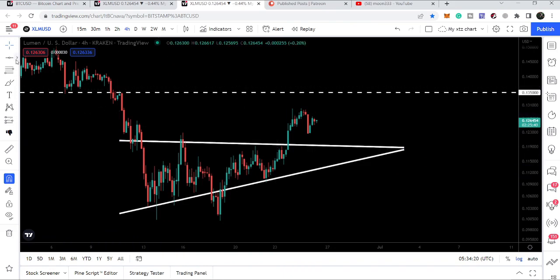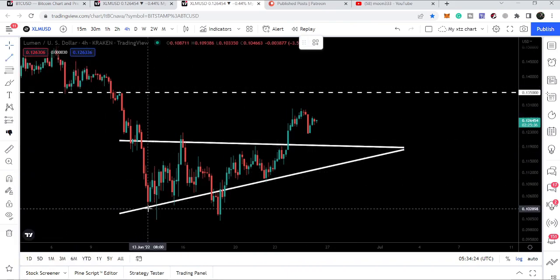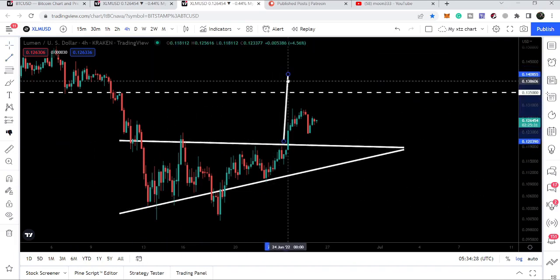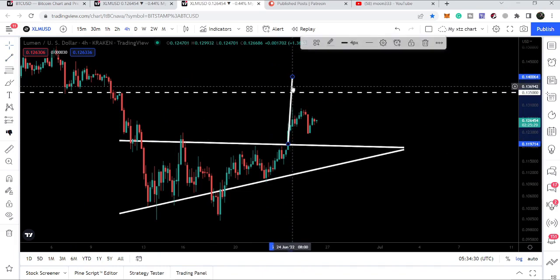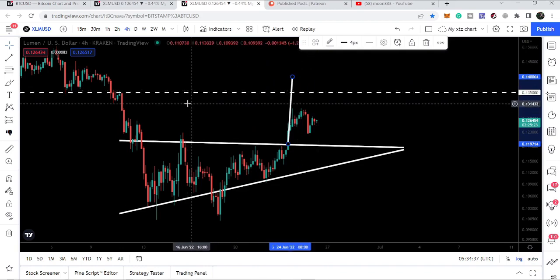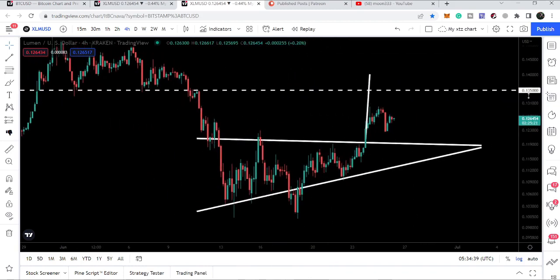Now if we take a look at the target for this breakout, then our expected target is here at 14 cents, and before that we have a very strong resistance in the short term at 13.5 cents.